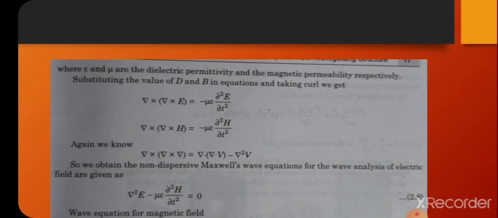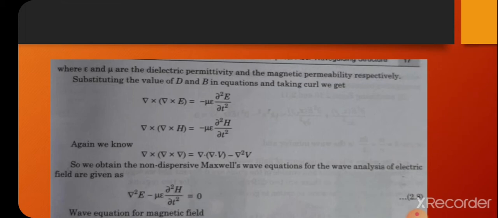Actually here that equation is not written, but we are taking the curl of that equation, that is del cross E equal to some quantity, and we are taking the curl of the equation del cross H, that is del cross H is equal to. So we are not representing the substitution steps, we are simply writing the final equations.